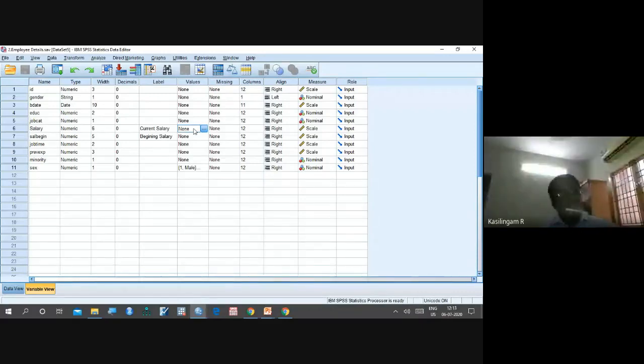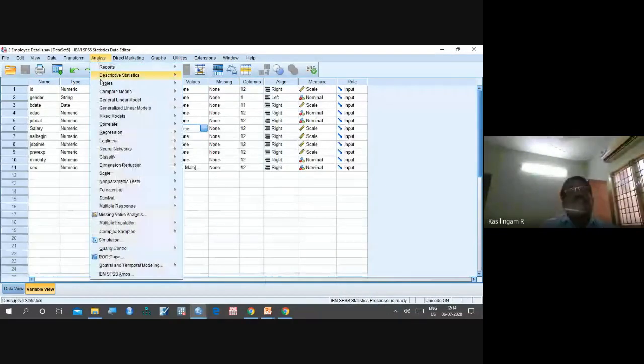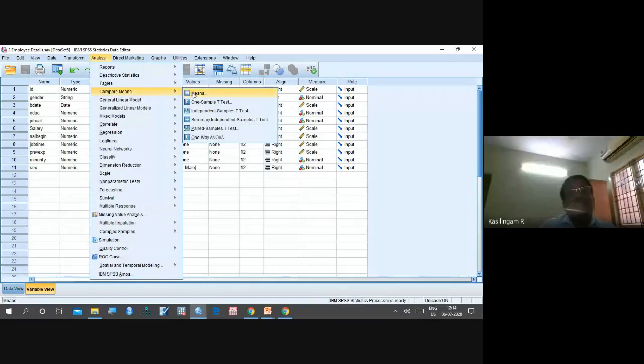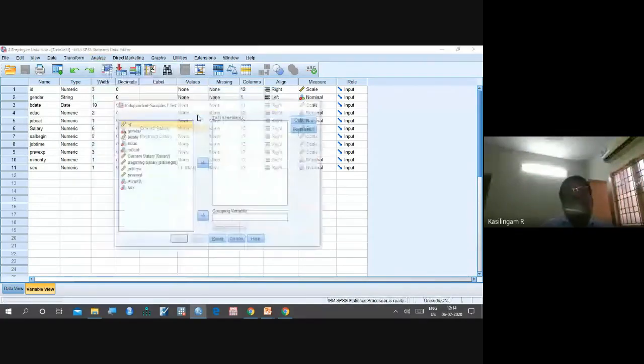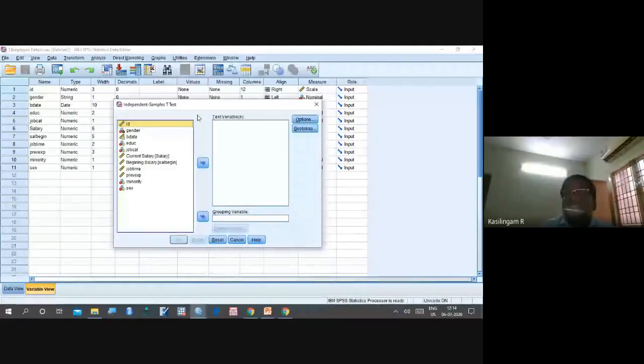Now, as per the Equal Remuneration Act, there should not be any difference between male salary and female salary if they perform the same work. So what I have to do? I'm going to analyze, compare means, independent sample t-test. In the test variable, I have to put a metric variable.